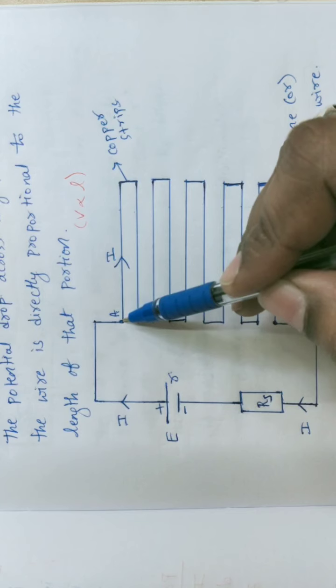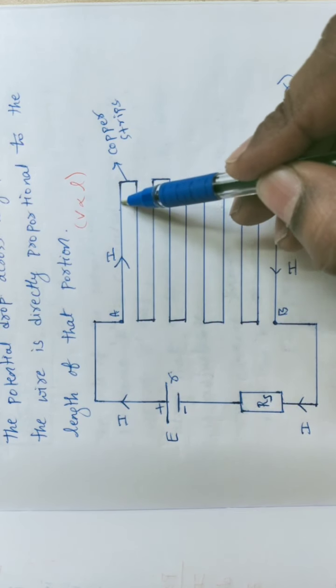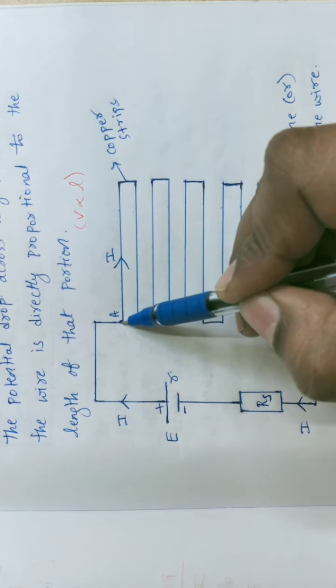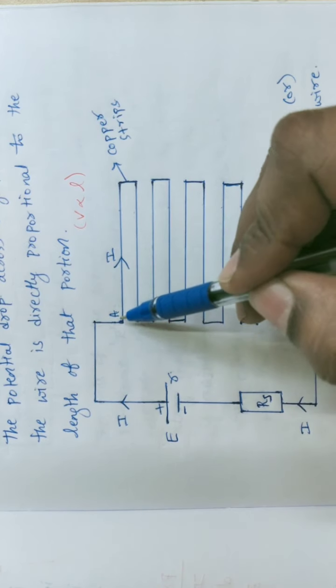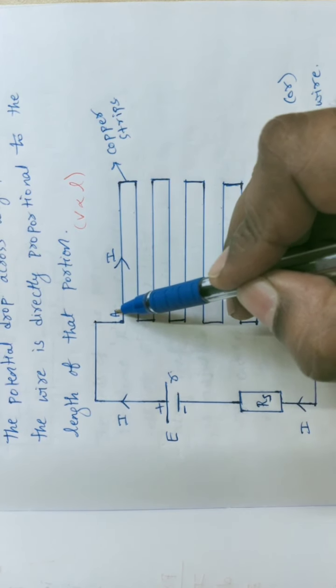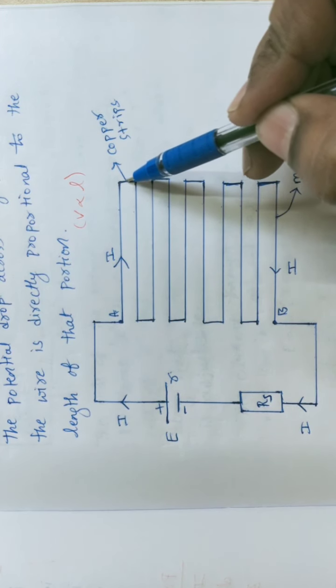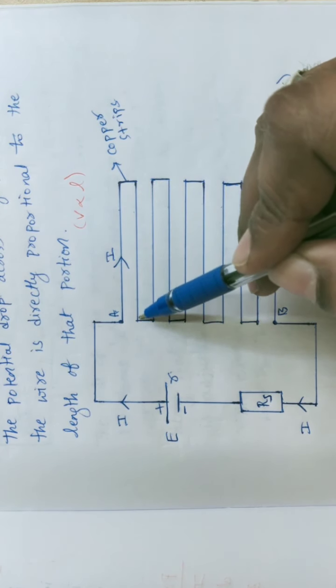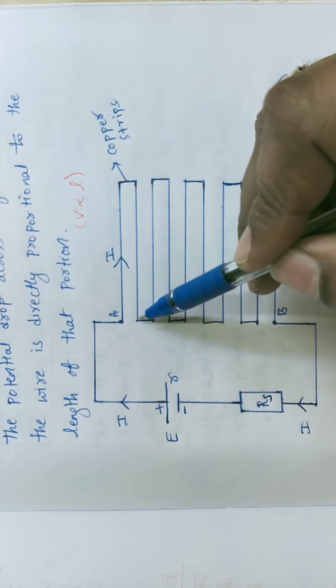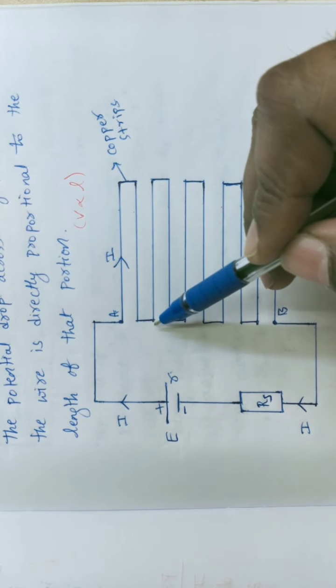For example, this is a uniform wire I have represented. This is one free end of this wire, represented with capital A. This wire is brought around like this with the help of a copper strip. Then it is bent like this. Here also a copper strip is present, and this one is also bent like this.